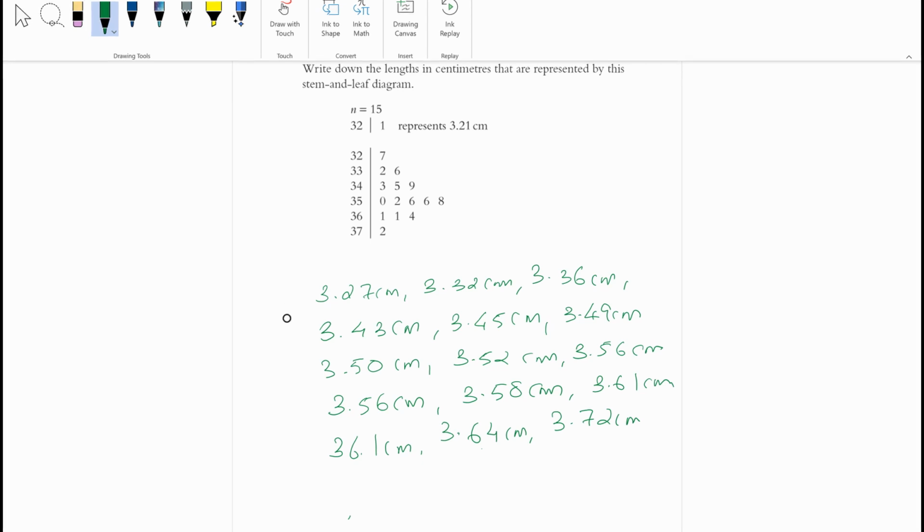So that's how you decode a stem and leaf diagram, and the question was to write these lengths in centimeter.